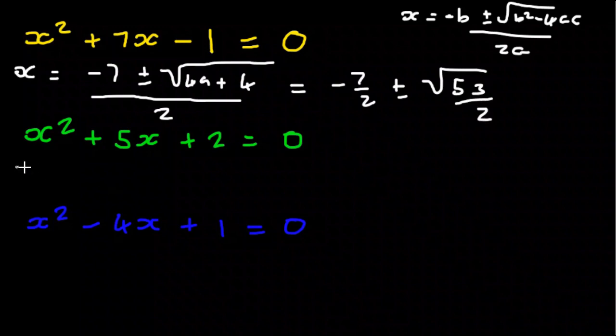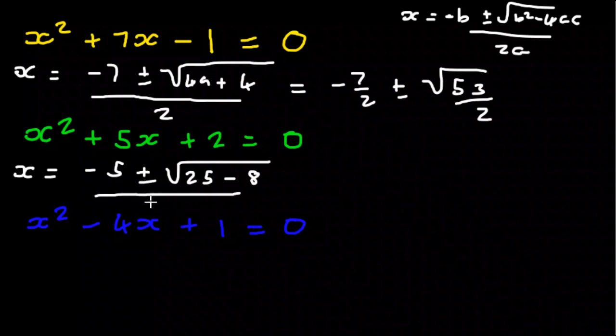Here we have x is equal to negative 5 plus or minus the square root of 5 squared, which is 25, minus 4ac, minus 4 times 1 times 2, so that's minus 8, over 2 times 1, which is 2. So again, a similar result: it is equal to minus 5 over 2 plus or minus the square root of 17 over 2.